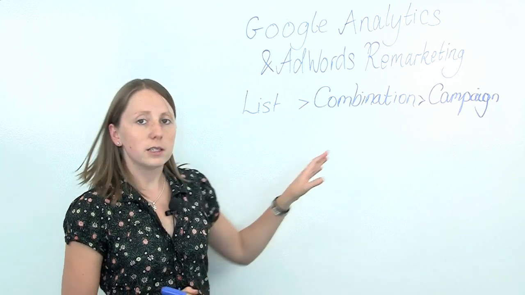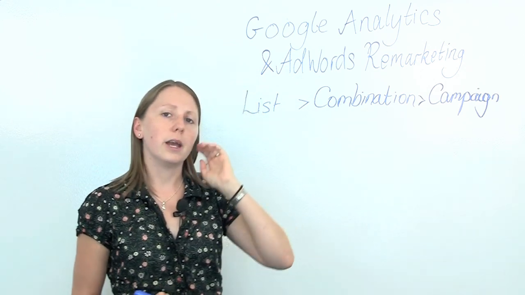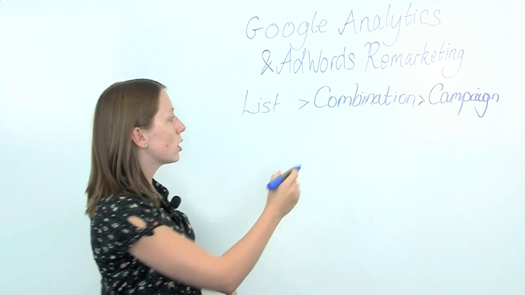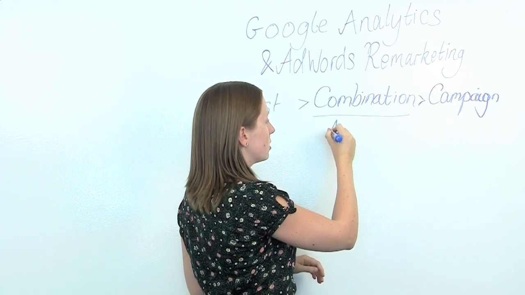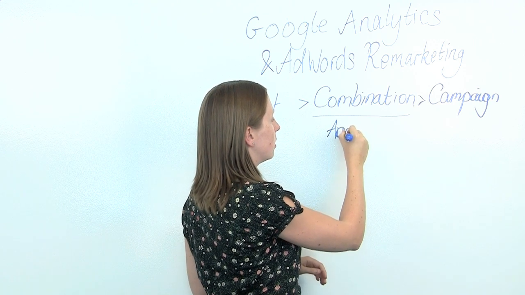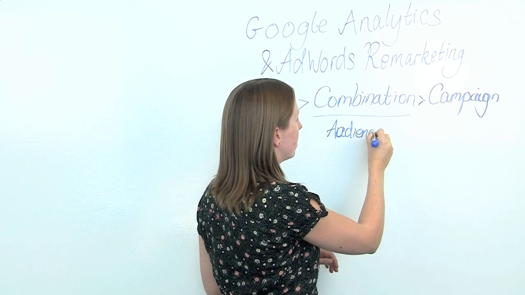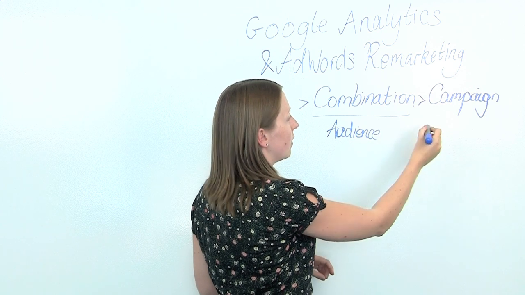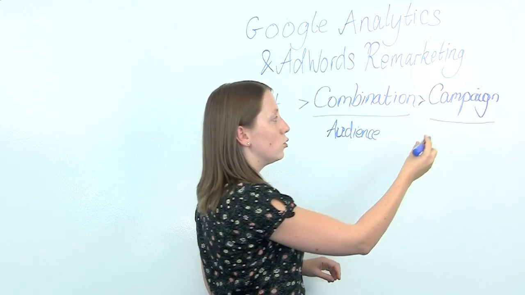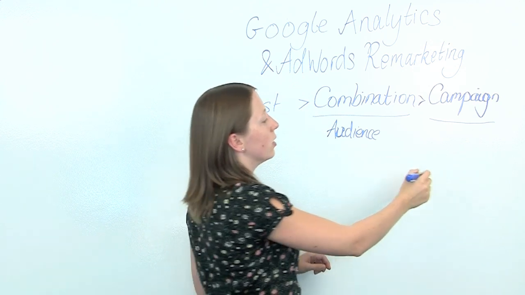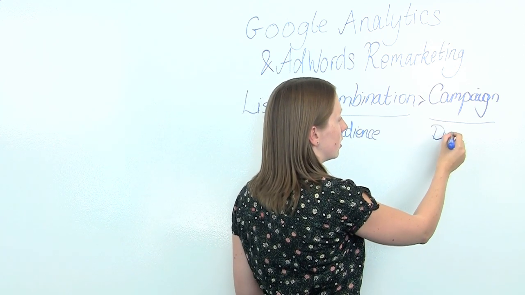So yeah, definitely put them in a campaign, and this is all done under, this one is under audience. And this one, you set up a new campaign, and then you can assign the list to the campaign through the display targeting.